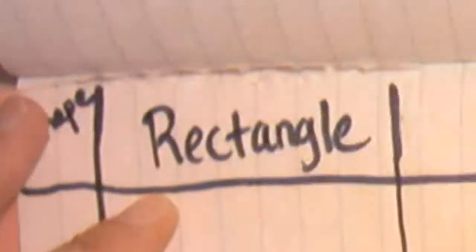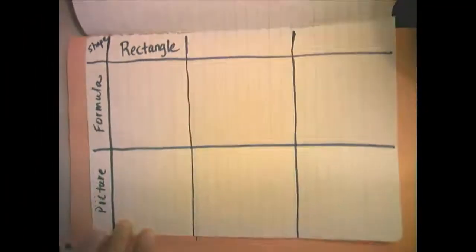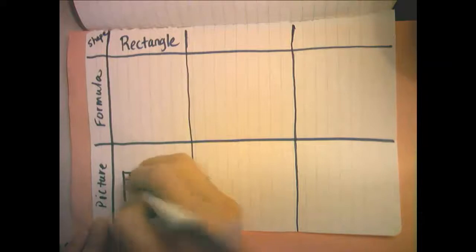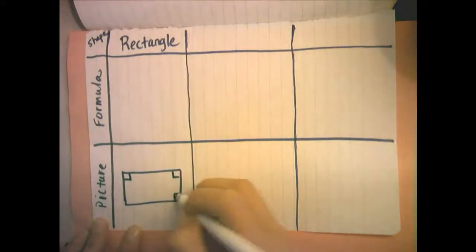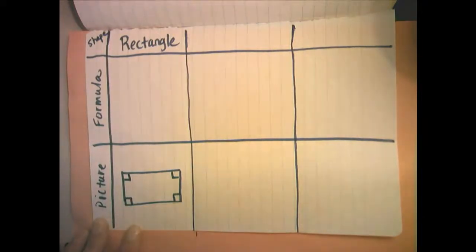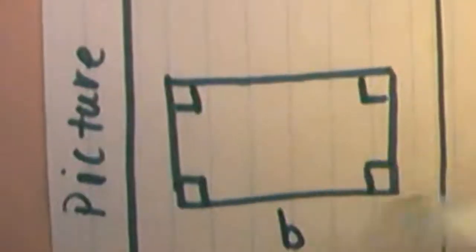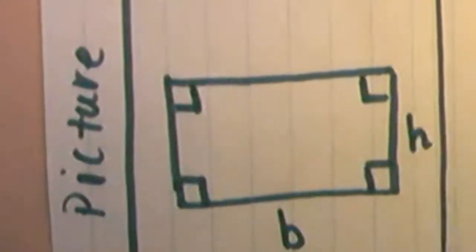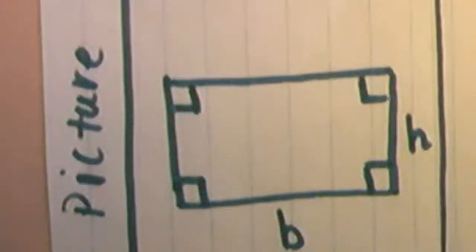And we're going to talk about a rectangle first. All of you can draw a picture of a rectangle. What makes it a rectangle? 4 90-degree angles makes it a rectangle. Yep, B is the base and H is the height. Another word in geometry for height is altitude.